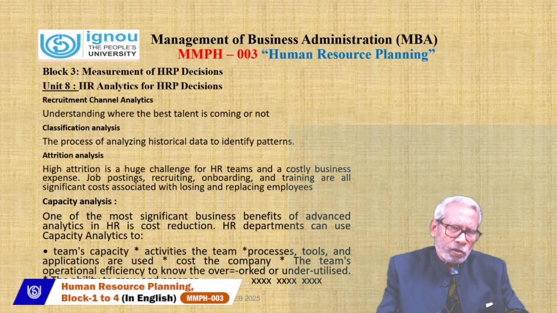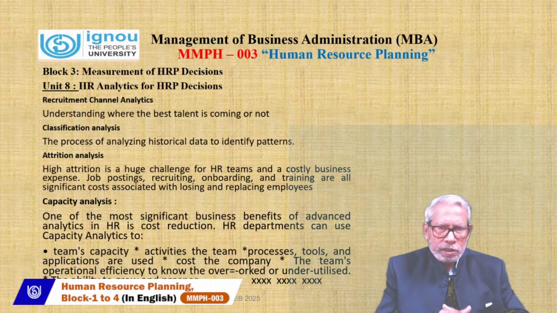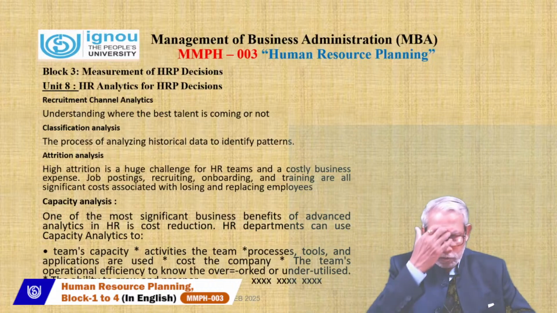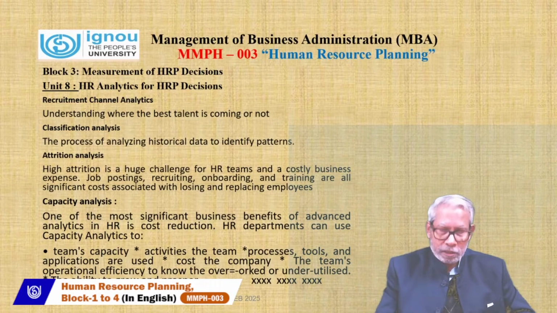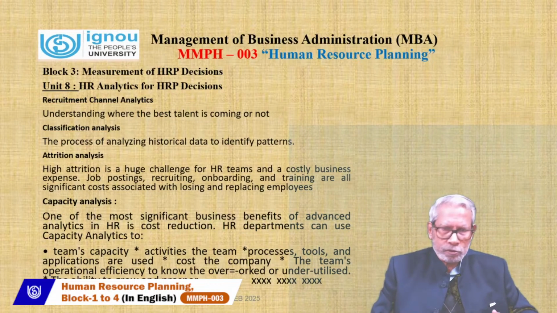Based on this, we have to calculate the capacity as a team, as a process. Then everything can be identified so that you can grow and prosper. The main aim of all these analyses is that the company should grow and be a prosperous company.